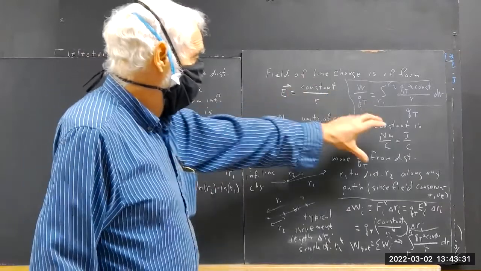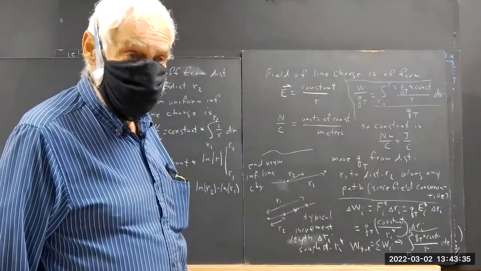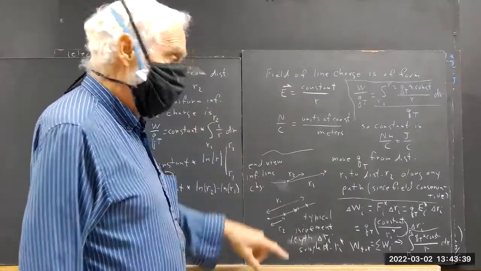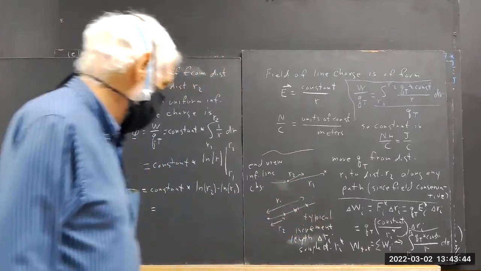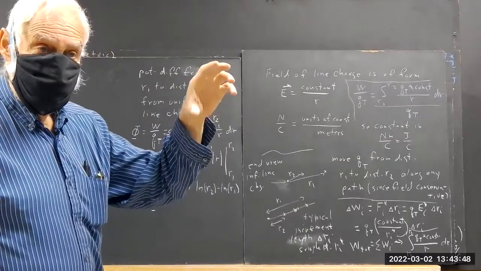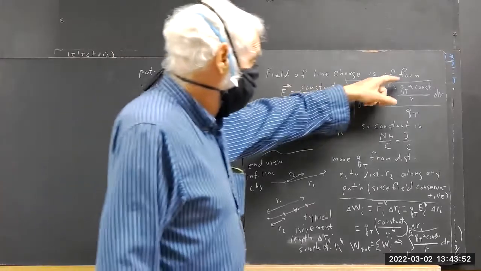Okay, again, here we've derived not the field of the line charge, but the potential of the line charge. This is a work integral divided by your arbitrary test charge. The work, of course, depends on the test charge.